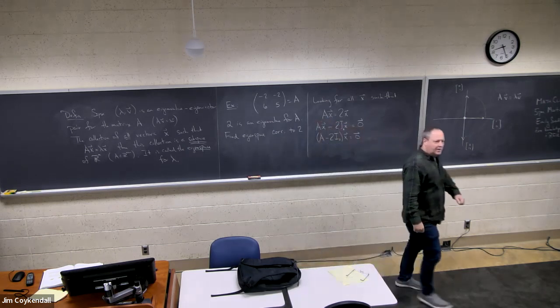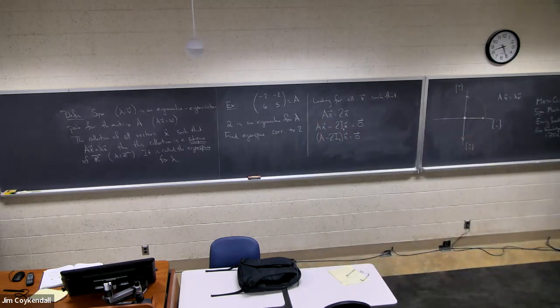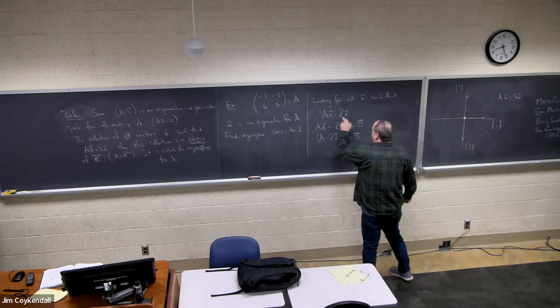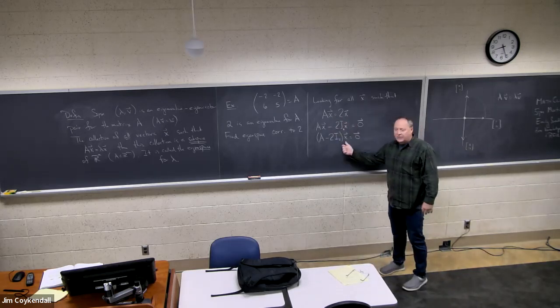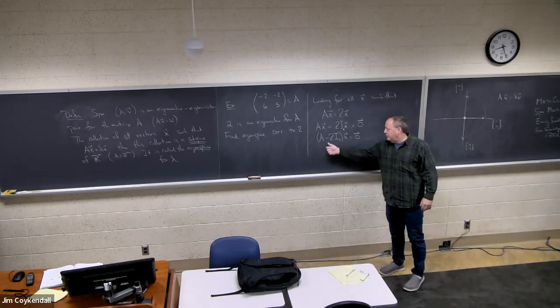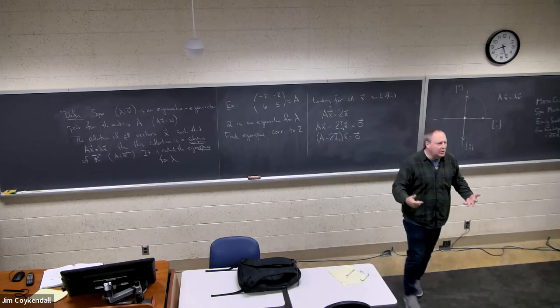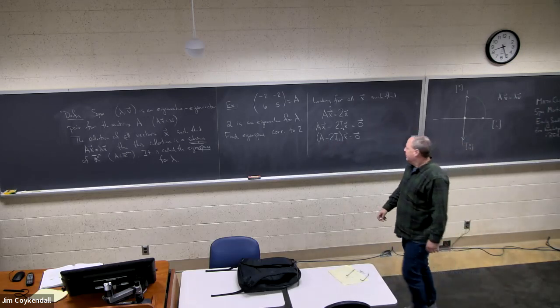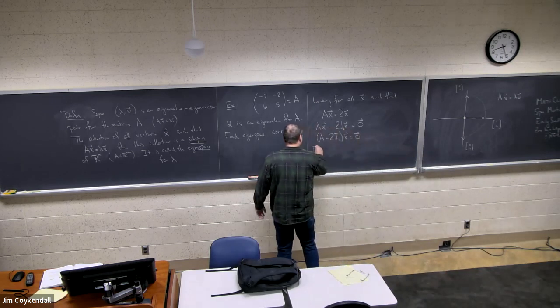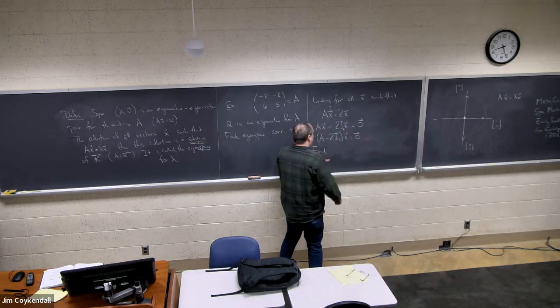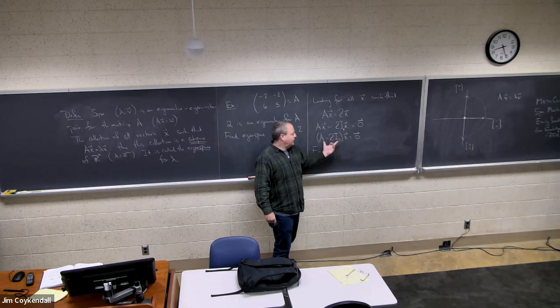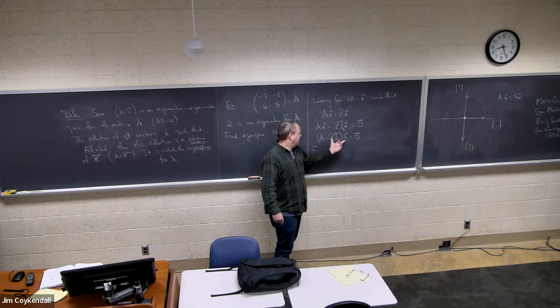And this is a familiar concept. When we're trying to find all x such that Ax equals 2x, that's the same thing as finding all x such that (A minus 2 I2) x equals 0.